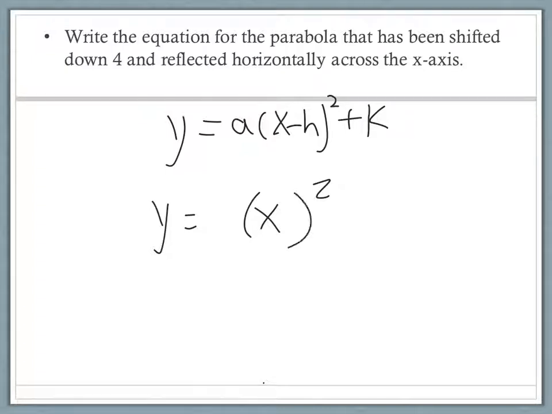That means there's no h value, but since it's down 4, my k is going to be minus 4. Reflected across the x-axis means, as we talked about, that our a value is negative. So I could write it like that, or I could just write y equals negative x squared minus 4. You could have the parentheses there or not.